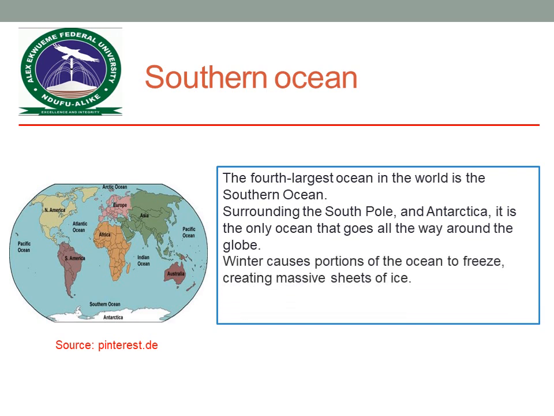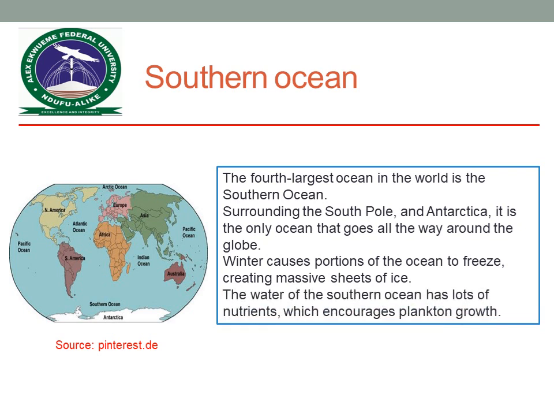Winter causes portions of the ocean to freeze, creating massive sheets of ice. The water of the Southern Ocean has lots of nutrients, which encourages plankton growth. So again, the Southern Ocean, because it is located close to the South Pole, is very cold.